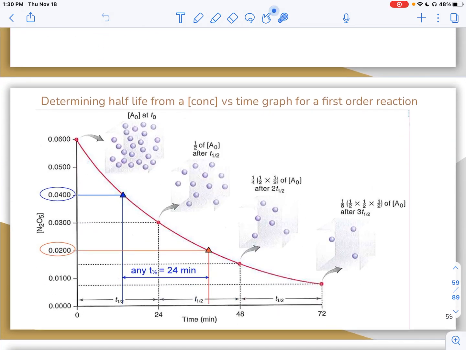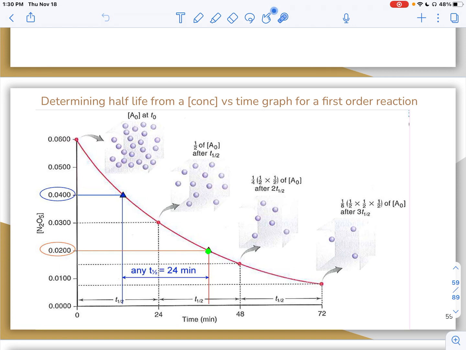If you have a graph of concentration versus time, what you can do is figure out the half-life that way. Just pick two concentration points, so here it says 0.04 and 0.02, two concentration points that are half. Our 0.04 is right here on the graph, and our 0.02 is right here on the graph.